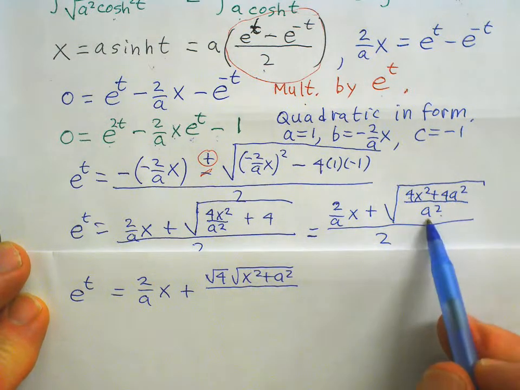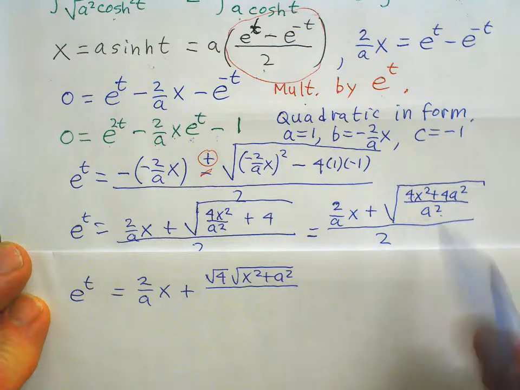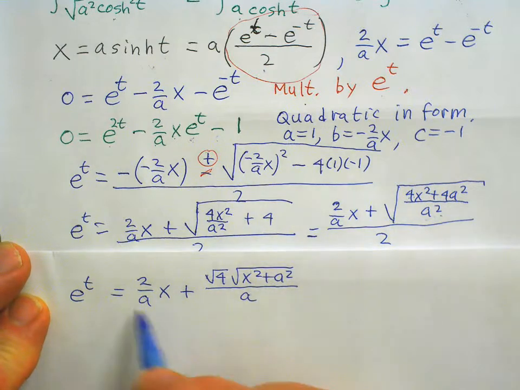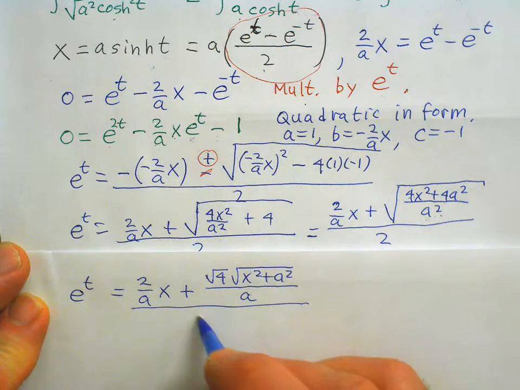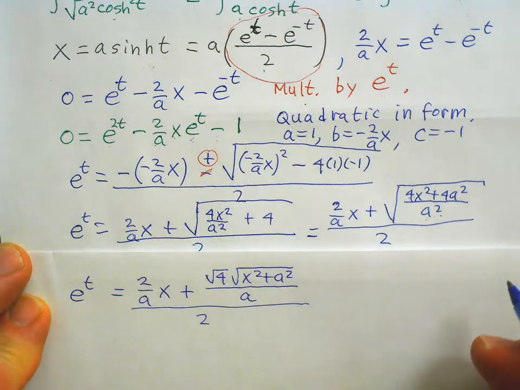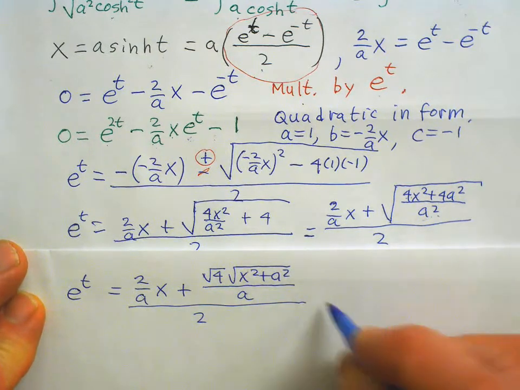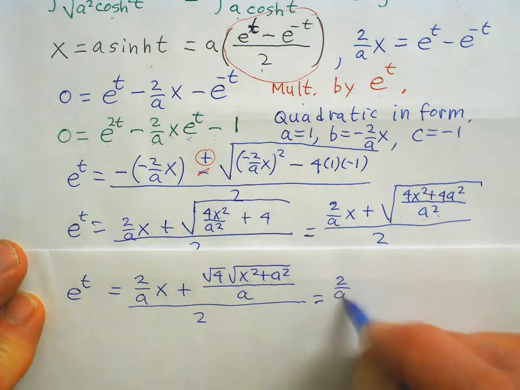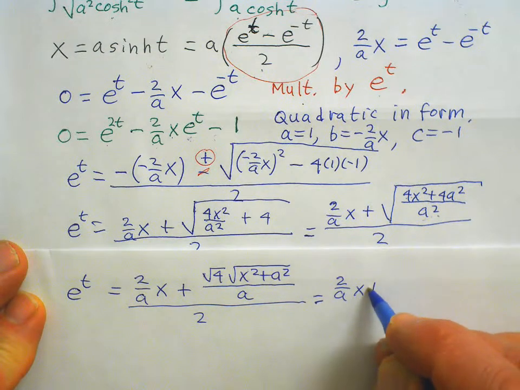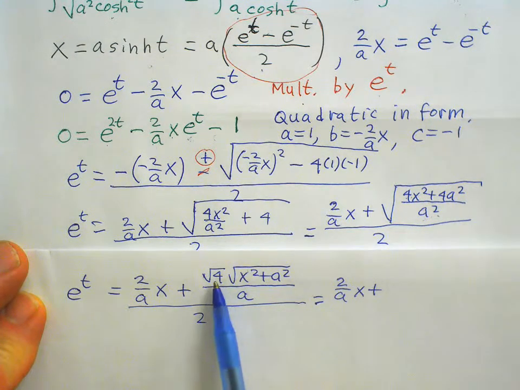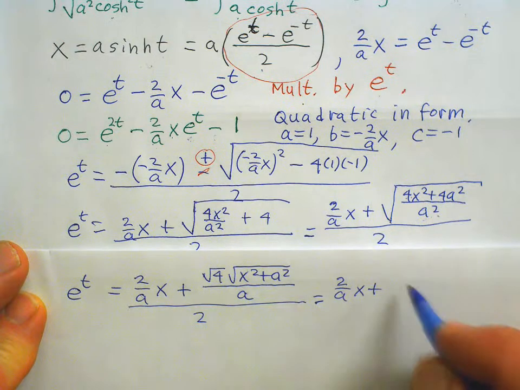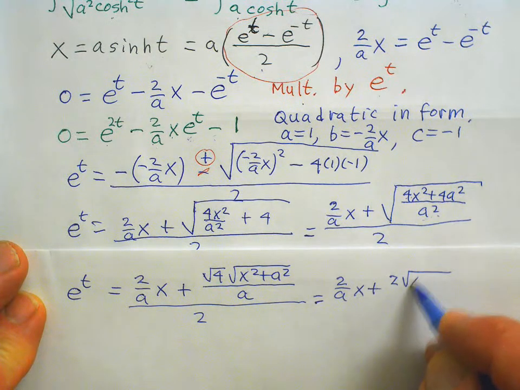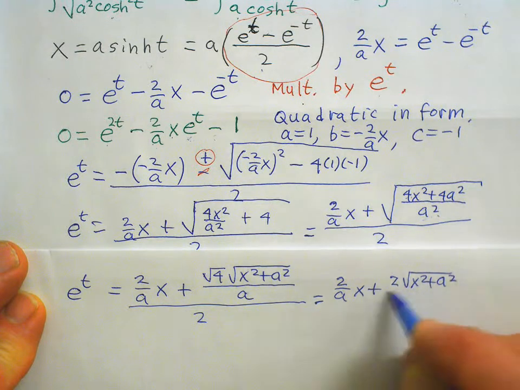And then the square root of a squared in the denominator is a, and we're dividing this all by 2. So we're getting there. So we have 2x over a plus 2 times the square root of x squared plus a squared over a.